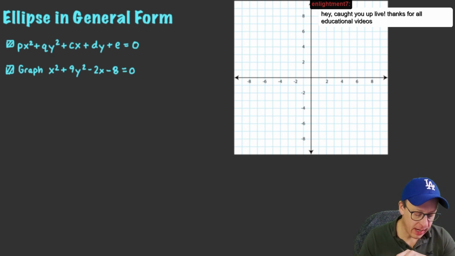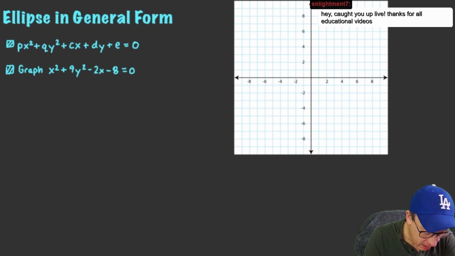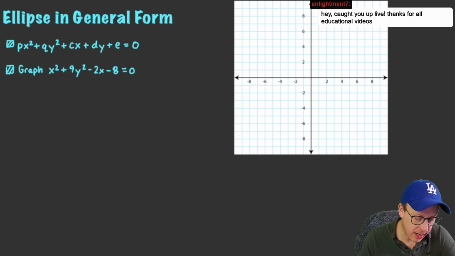So we have an ellipse here in general form, and what I want to do is graph an ellipse in general form. So how would we take x squared plus 9y squared minus 2x minus 8 equal to 0? Well, what I want to do is convert it into its standard form.